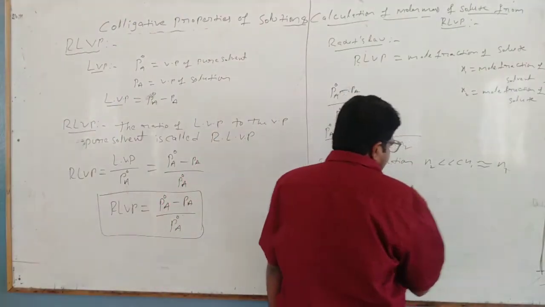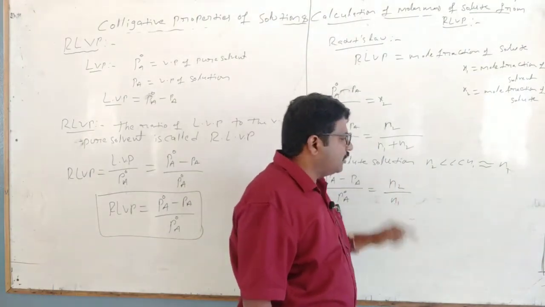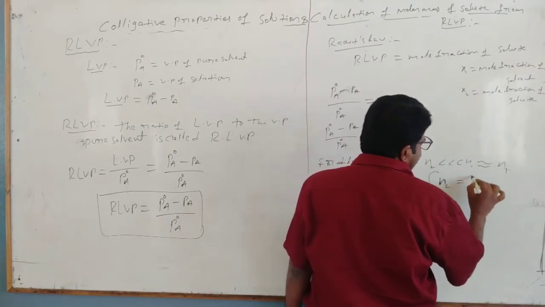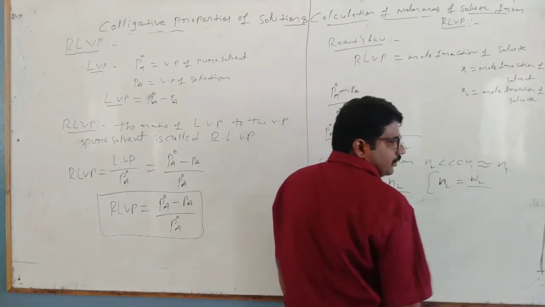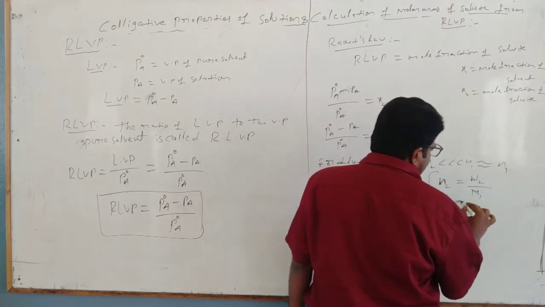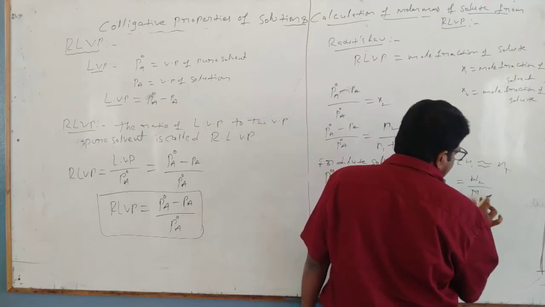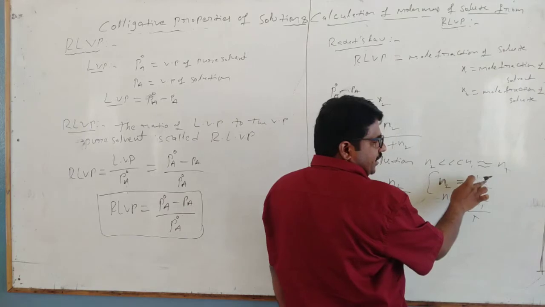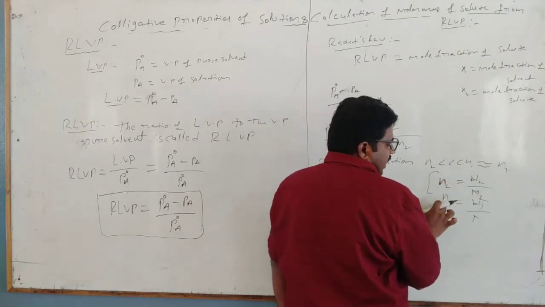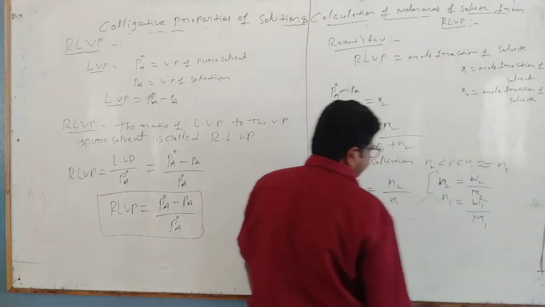So how to calculate the number of moles of solute? Weight of the solute by molecular weight of solute. The weight of solute is W2, the molecular weight is M2, and N1 is the weight of the solvent W1 by molecular weight of solvent M1. N2 is W2 by M2 and N1 is W1 by M1.